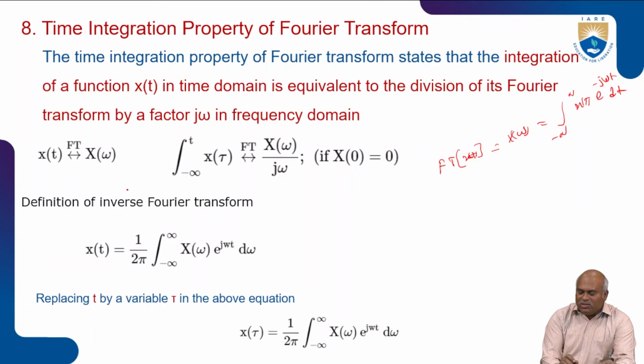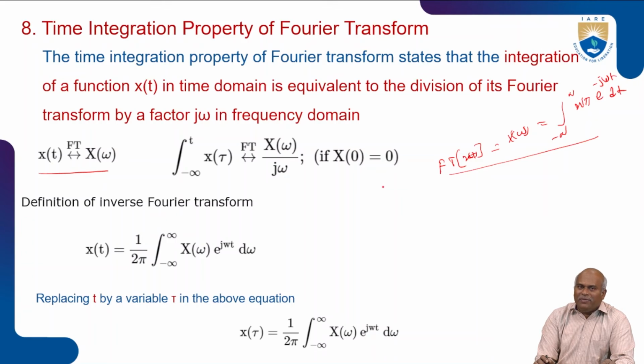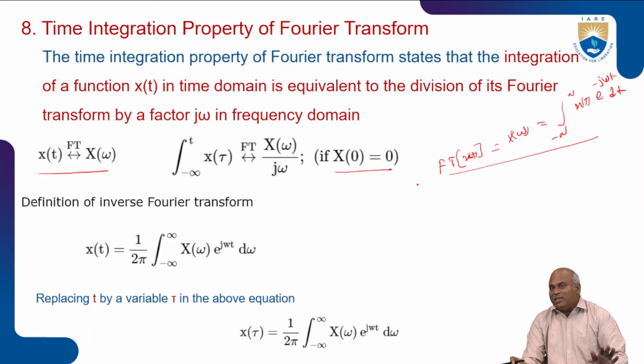As per the integration property, the Fourier transform of the integral from minus infinity to t of x of tau is X of omega divided by j omega, with the condition that X of 0 equals 0.